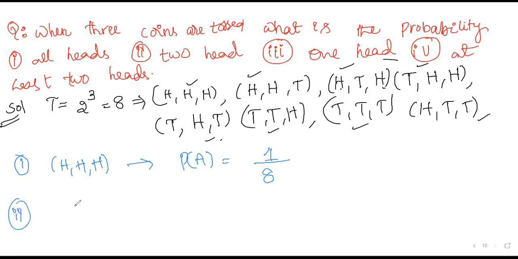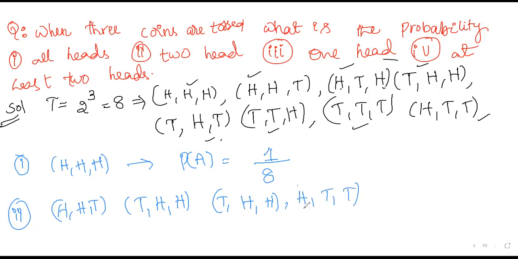Then question number 2: 2 heads. 2 heads means what? I'll get head, tail, head; again, tail, head, head; then again head, tail, head.